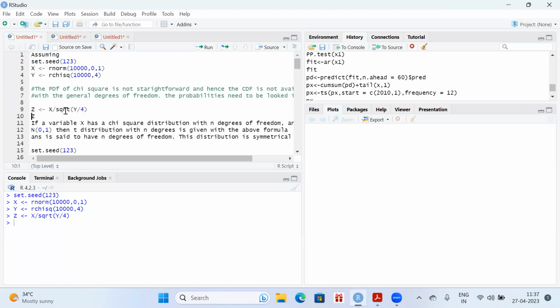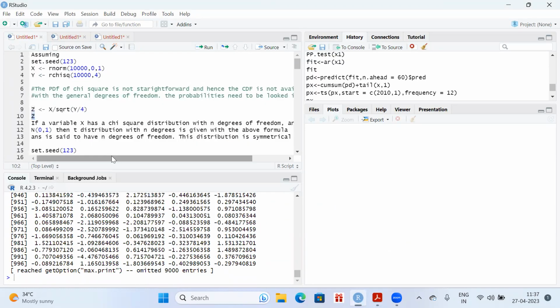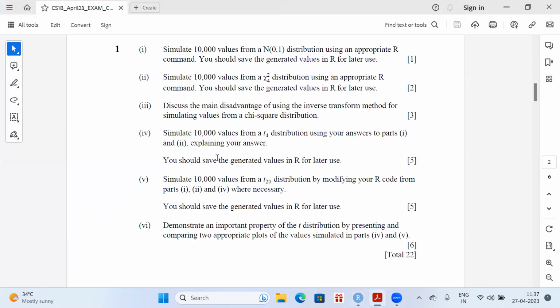So if we run Z, we get values like this. Explaining your answer: if a variable has a chi-square distribution with n degrees of freedom and Z is from a normal distribution, then the T distribution with n degrees of freedom is given by the above formula, and it is said to have the same degrees of freedom. So this is a T4 distribution.